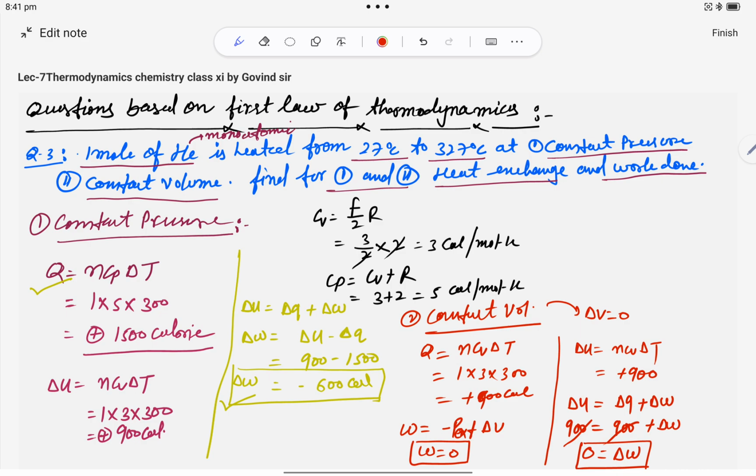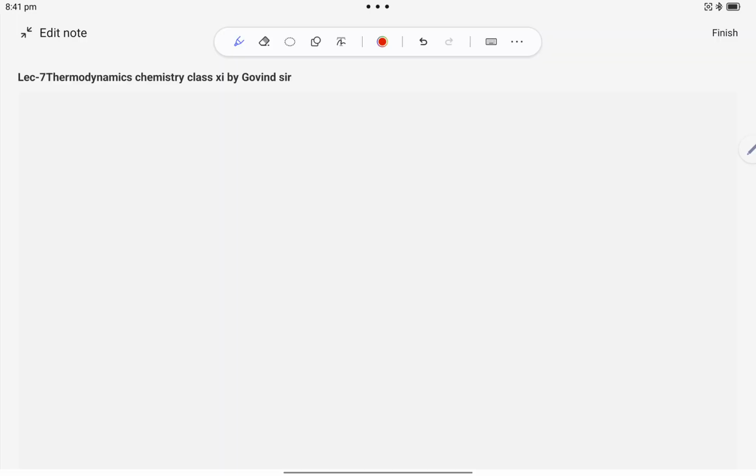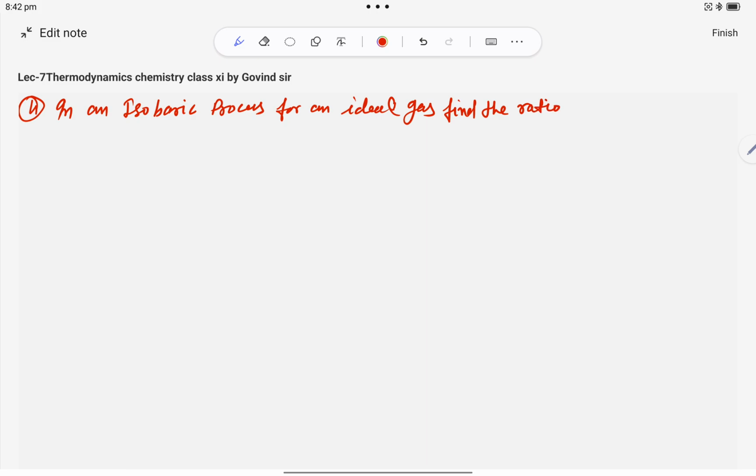Next question, question number 4. In an isobaric process for an ideal gas, find the ratio of delta Q upon delta W. That ratio you have to find out.